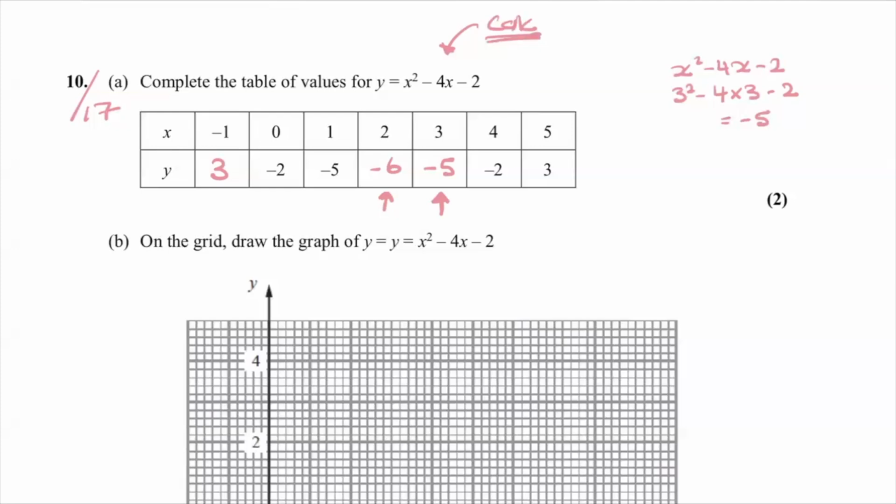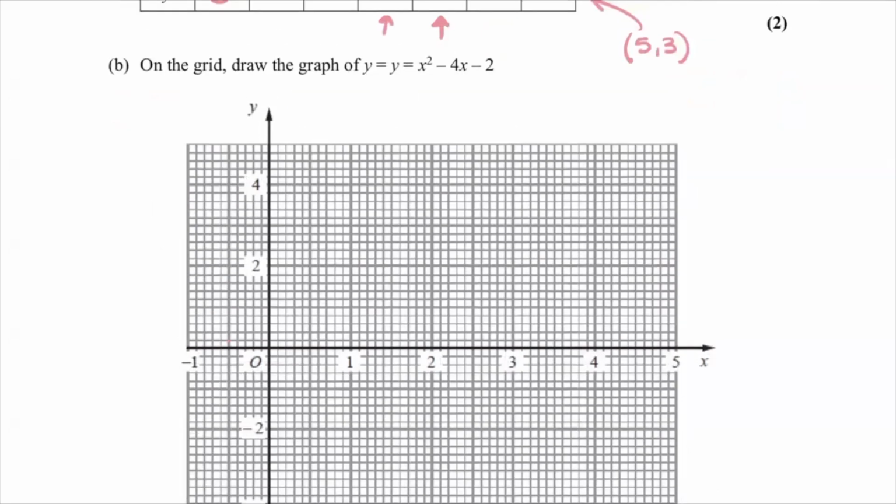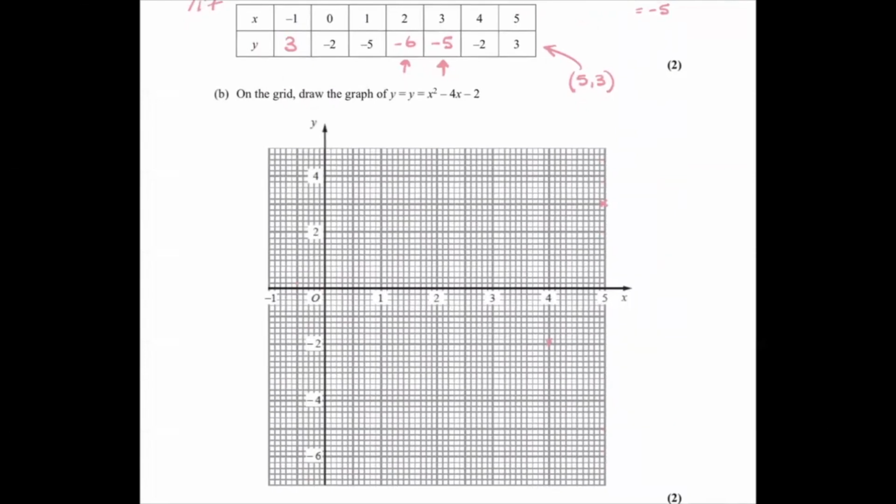We then have to take the coordinates that the table gives us. So that end one, for example, x is 5, y is 3, and we will plot that onto our graph. And we will go through and plot all of those coordinates and draw in the graph.